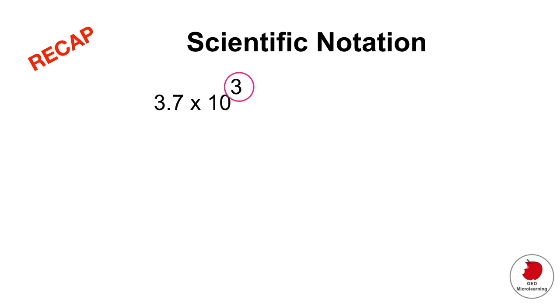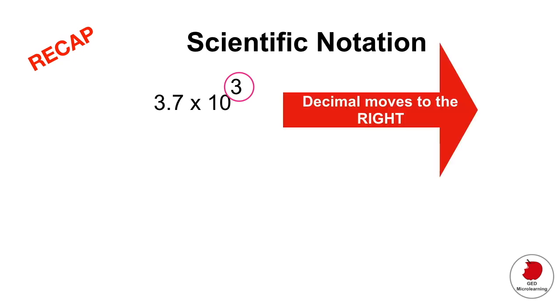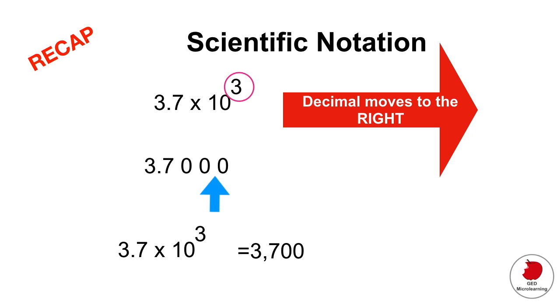If you have, on the other hand, a positive exponent, then that's telling you that you are going to move, in this case, 3 spots to the right. So if we were to rewrite this, 3.7 moved to the right, that would be our final answer. Okay, so 3.7 times 10 raised to the third power is 3,700.